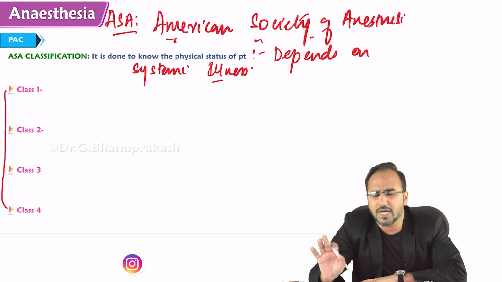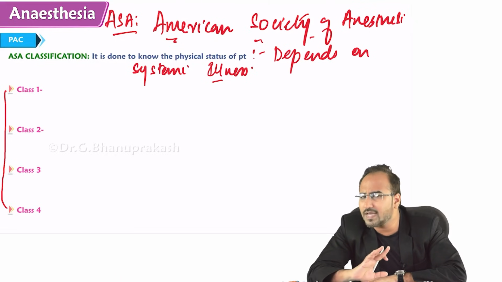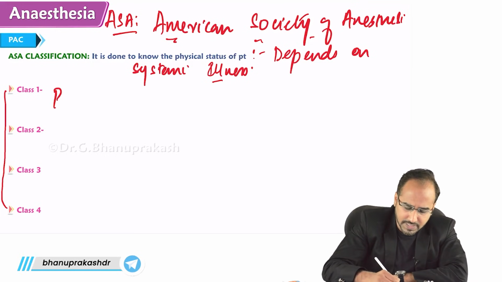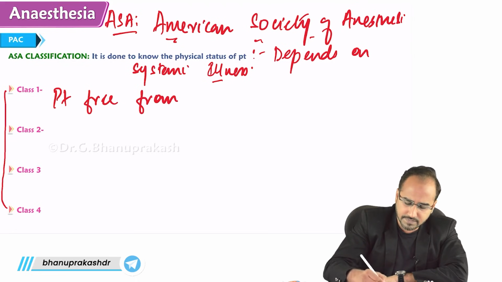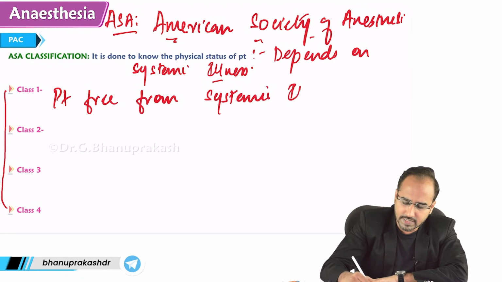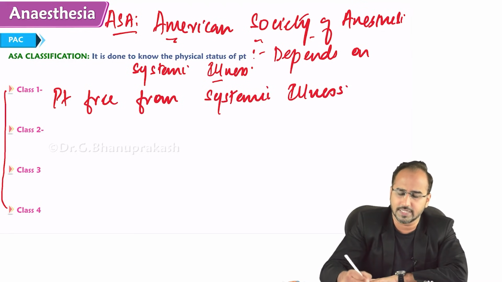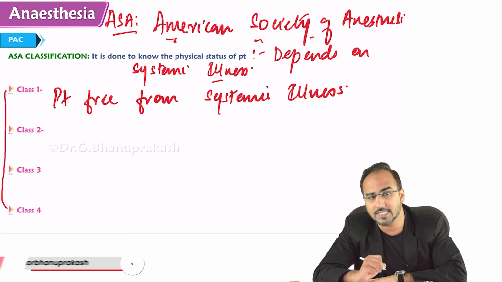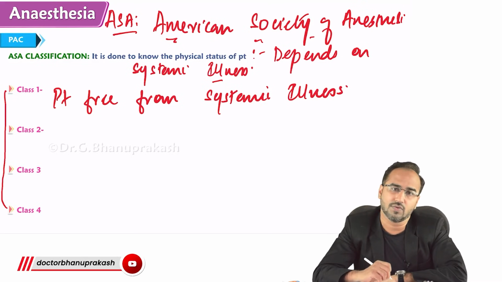I just have some hernia problem. I do not have any systemic illness. So any patient free from systemic illness comes under what category, guys? Comes under ASA 1. A patient free from systemic illness comes under ASA 1.